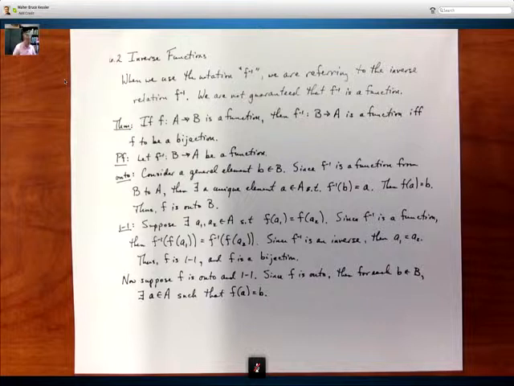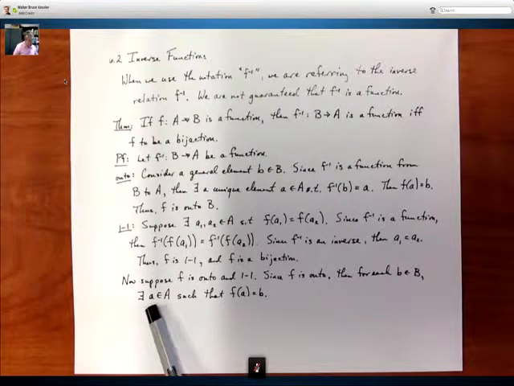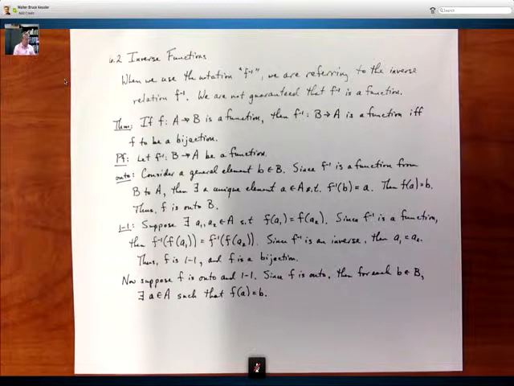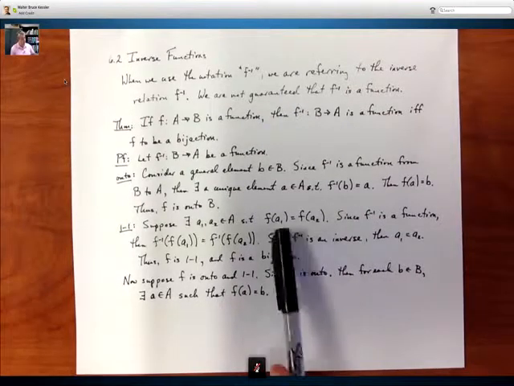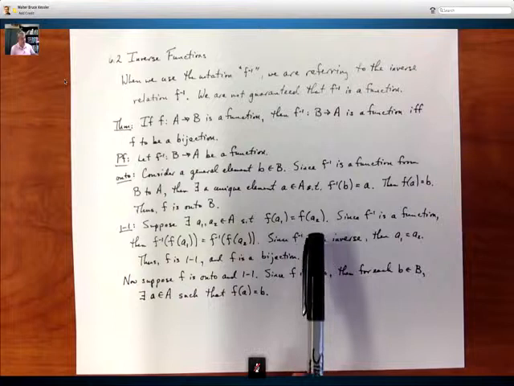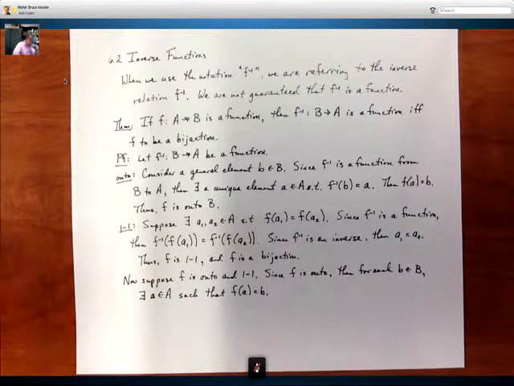Okay? And here's the other thing. This a, there can't be five or six of them, right? Because F is one-to-one. Let's think it through. If there were a couple of things that map to b, then I'm back up here, and one-to-one means that those two things would be equal.